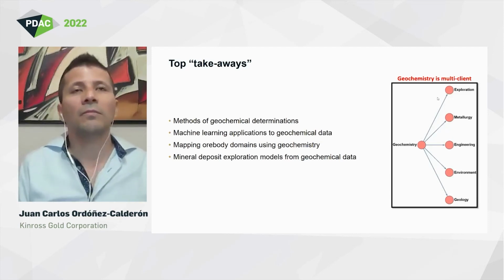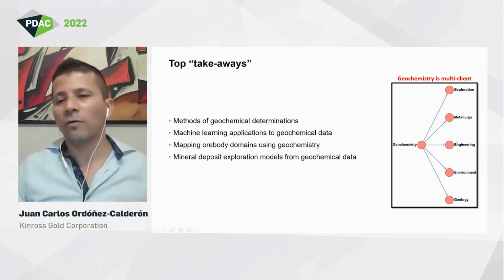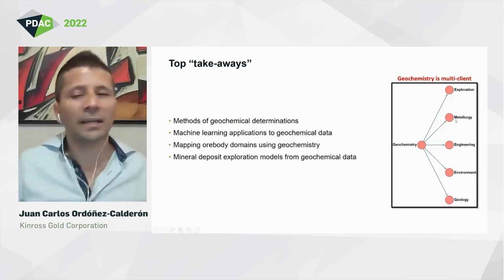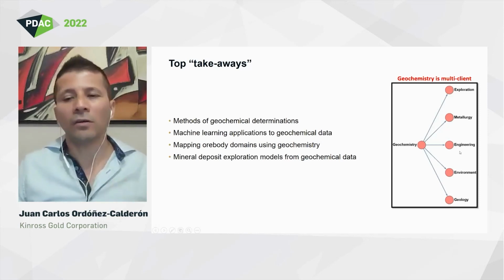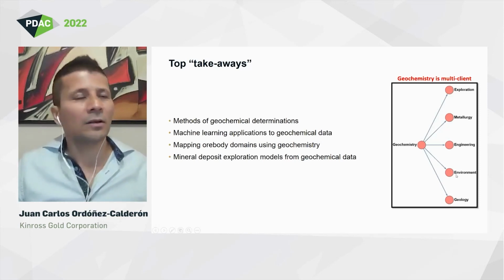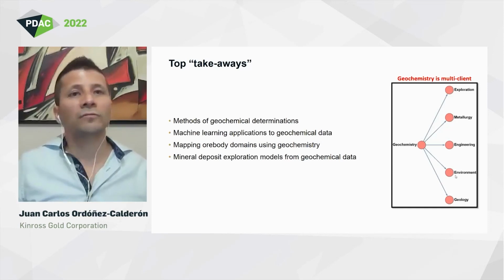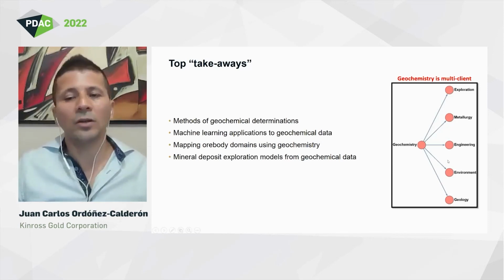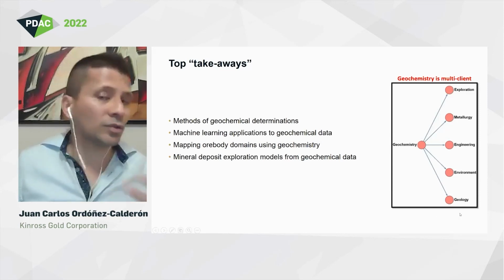When I say multi-client tool, I mean that these geochemical data sets can be used to understand problems in metallurgy, to solve problems in mining engineering, environmental problems, also to find new deposits in exploration, and obviously to model geological attributes for resource estimation.